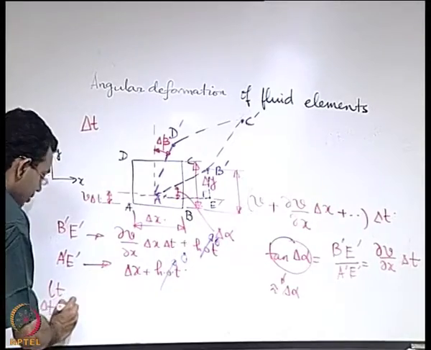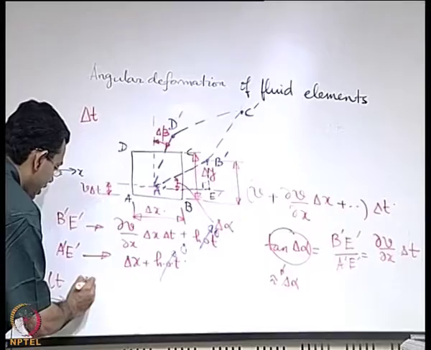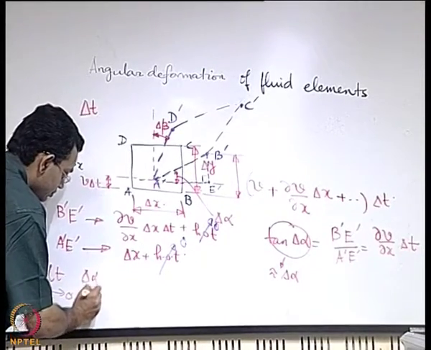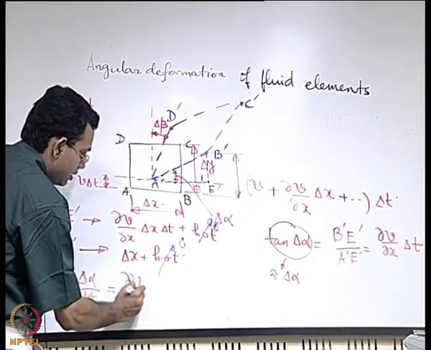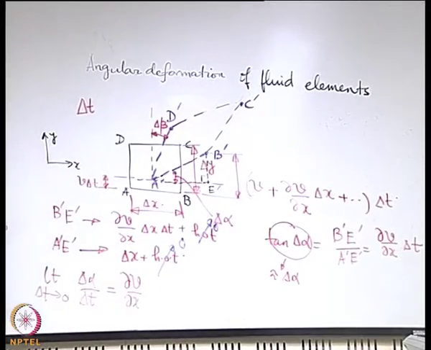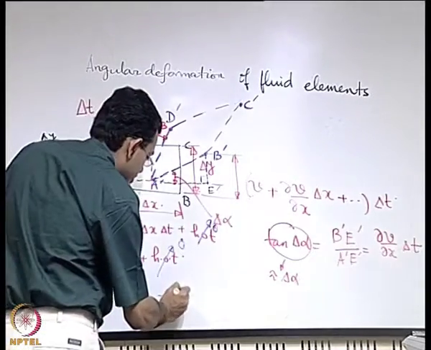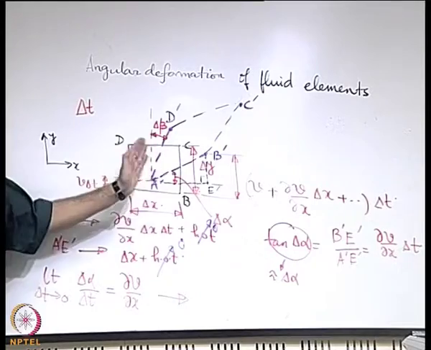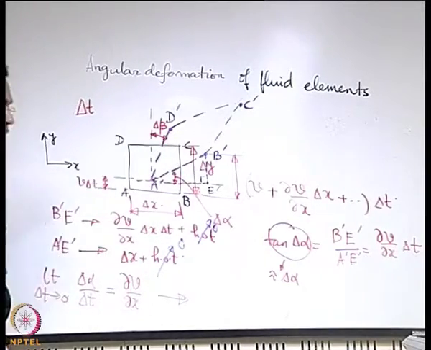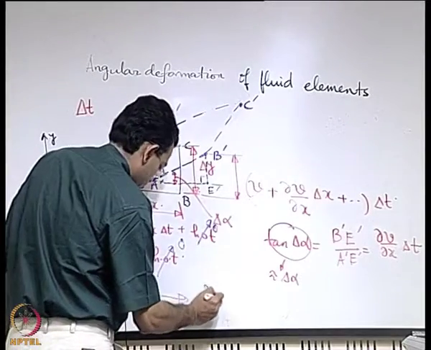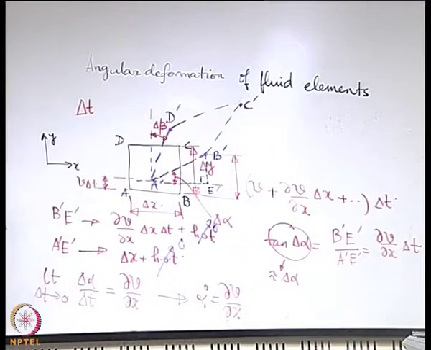We have already taken that limit, but now we are just writing it more formally. Delta alpha divided by delta t is equal to the partial derivative of v with respect to x, and this is nothing but the rate of change of the angle of this line element with the horizontal. So, let us call it alpha dot, that is partial derivative of v with respect to x.